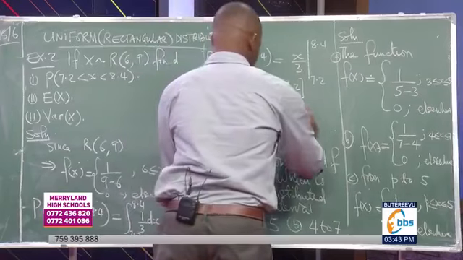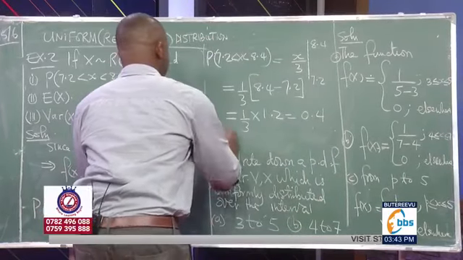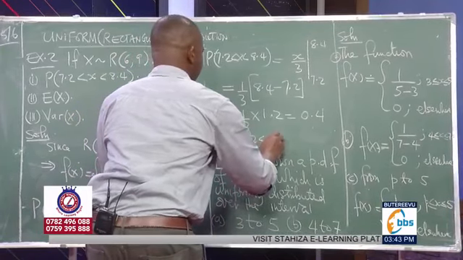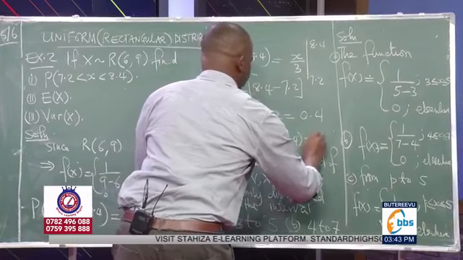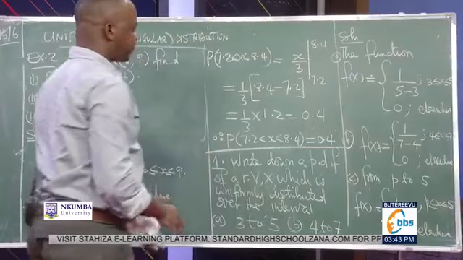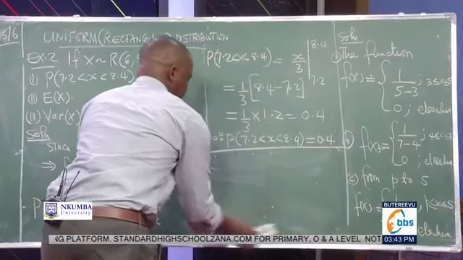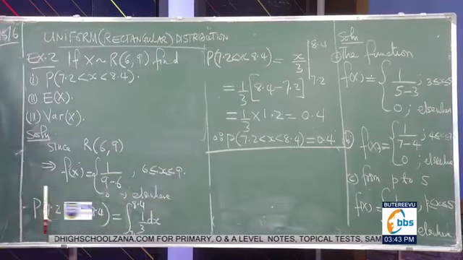This will definitely give us 0.4. So we can conclude and say that the probability that 7.2 is less than x less than 8.4 will give us 0.4.